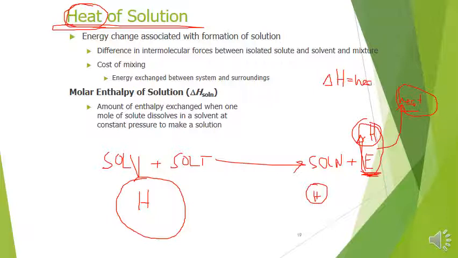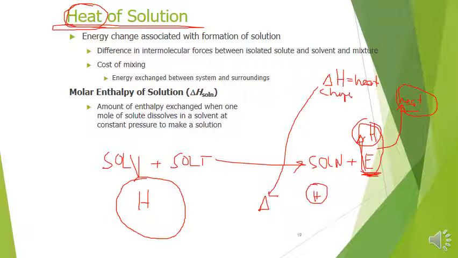And it's also equal to change, but it's also known as the difference. So delta can mean two things: it can mean change and difference.